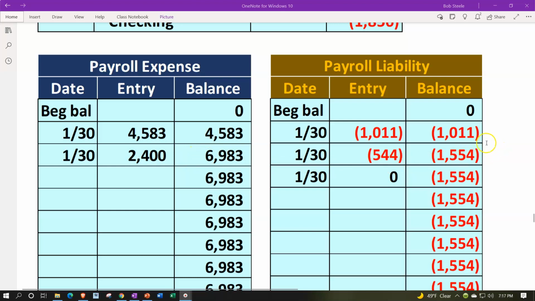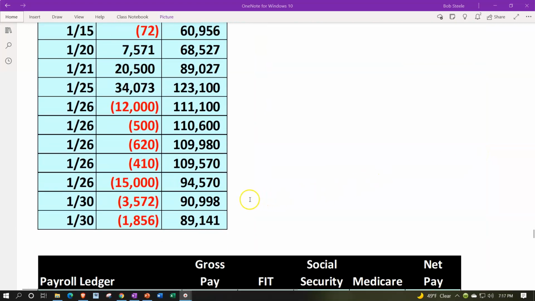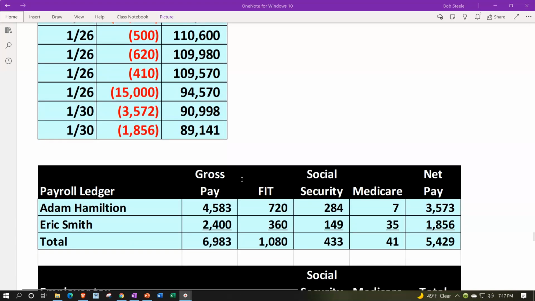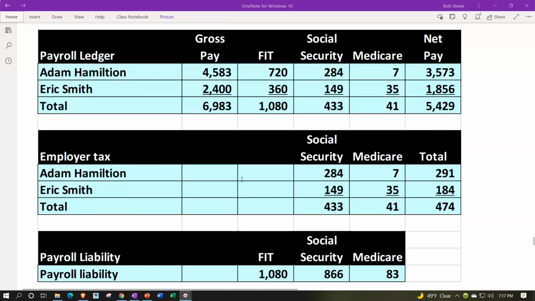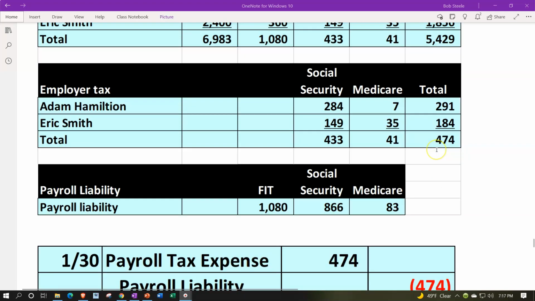The payroll liability was at $1,011, up by $544 for the second check to $1,554. The checking account was at $90,998, down by $1,856 to $89,141.